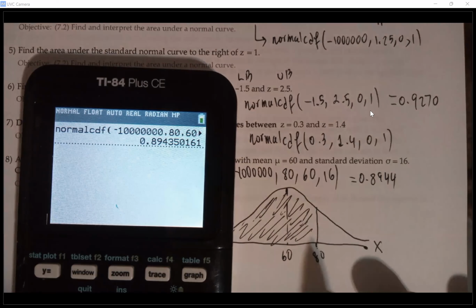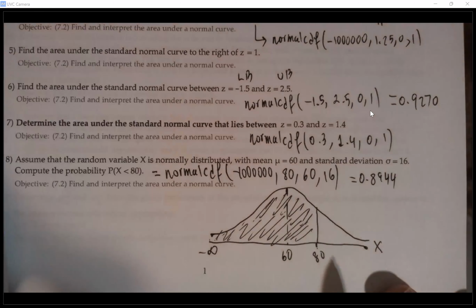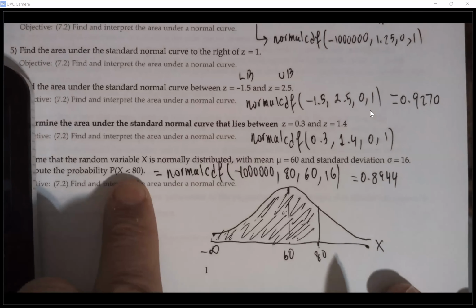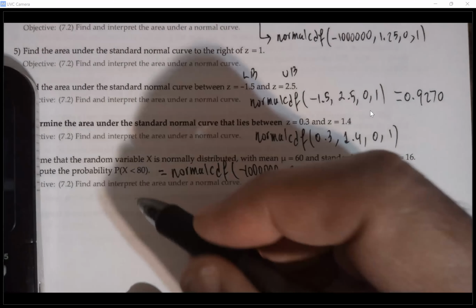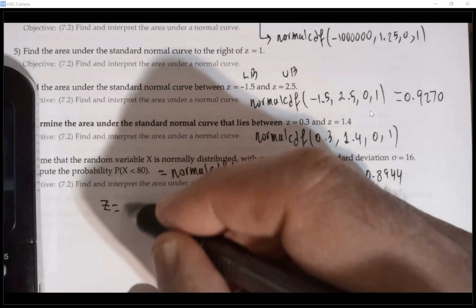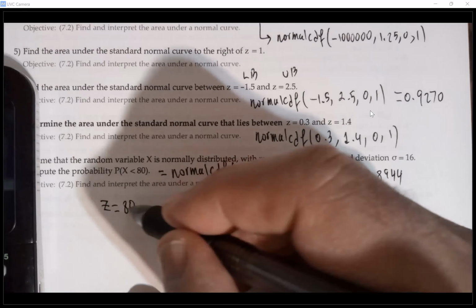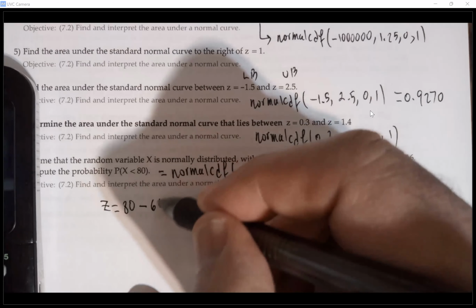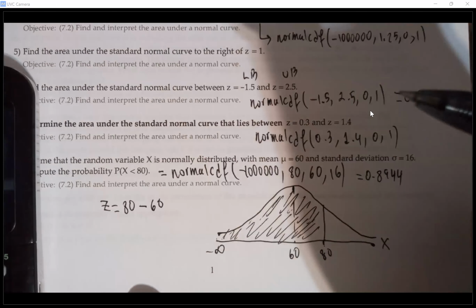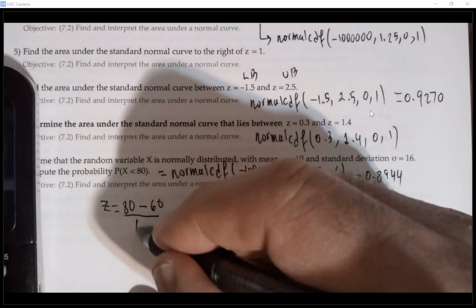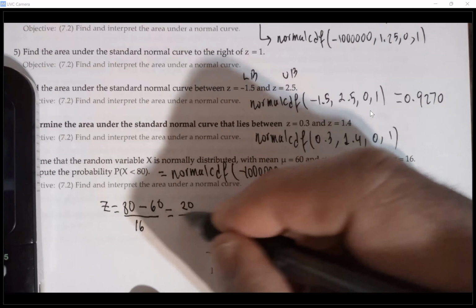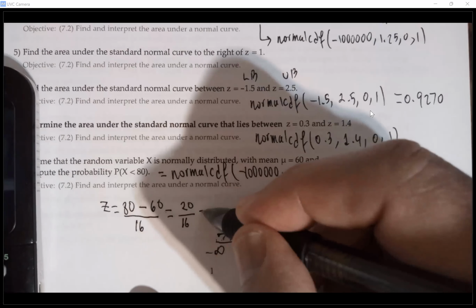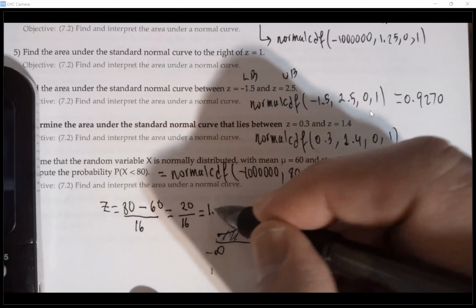Now, if you are to use the table, guys, you will need to change 80 to a z-score and then use the table to find the area to the left of z. So you would have to change 80 to a z-score: 80, the value, minus the mean, which is 60, and then divided by 16. And that will be 20 divided by 16, which is 1.25.